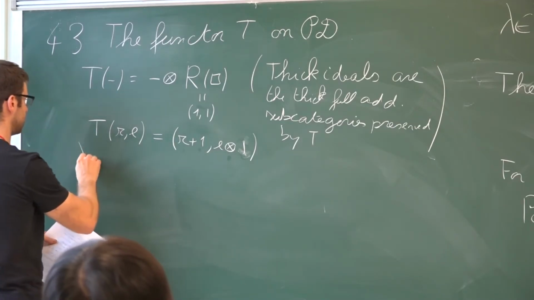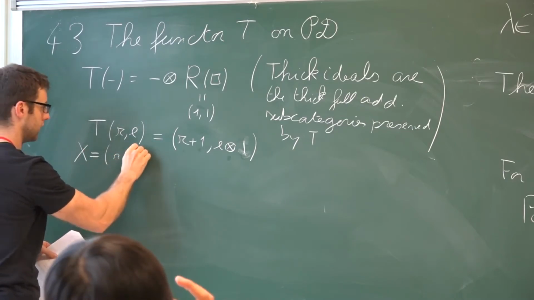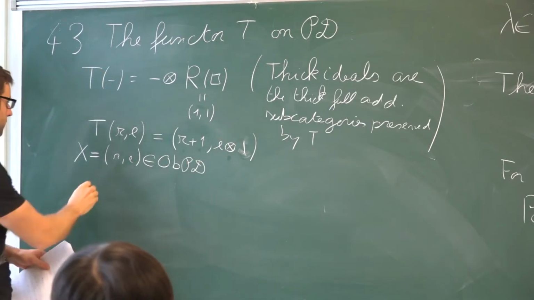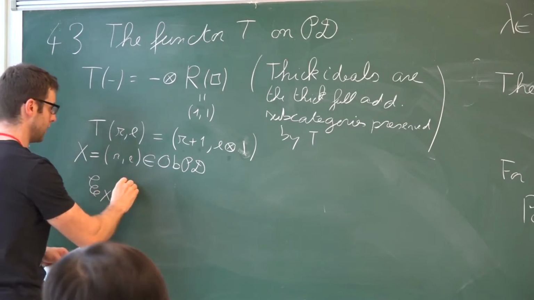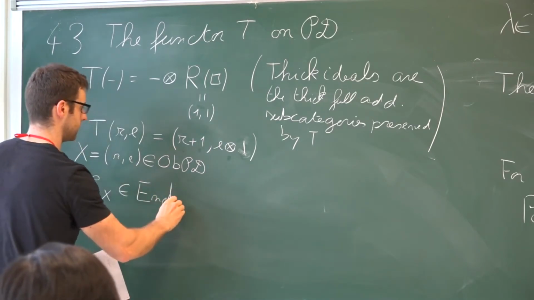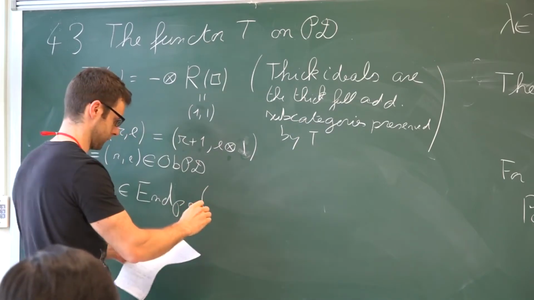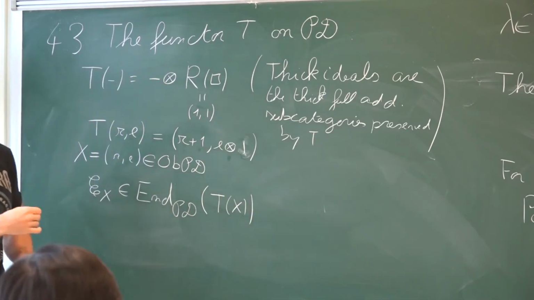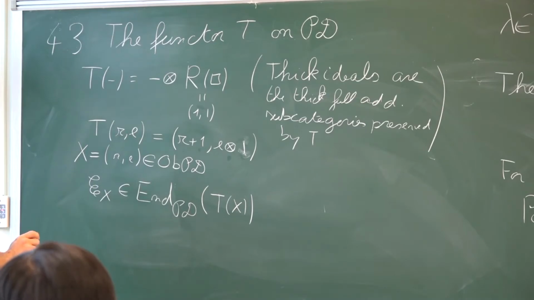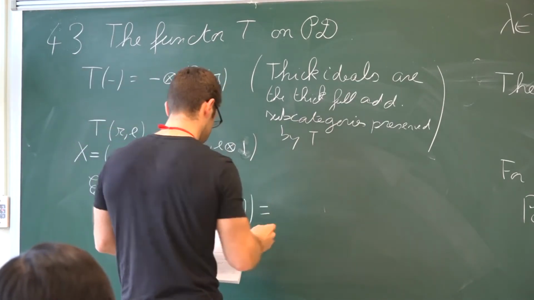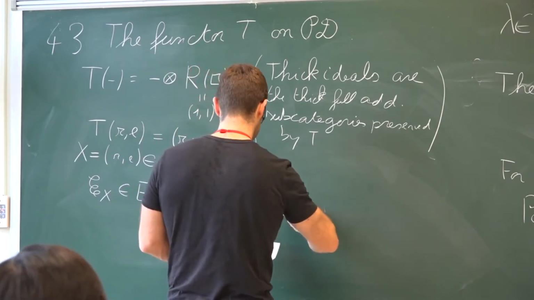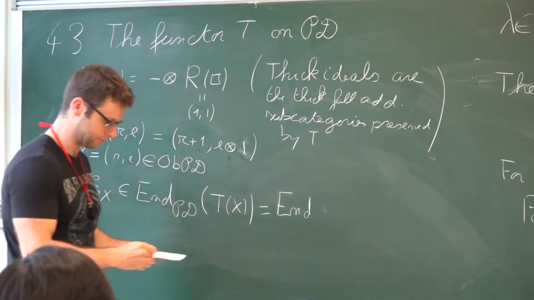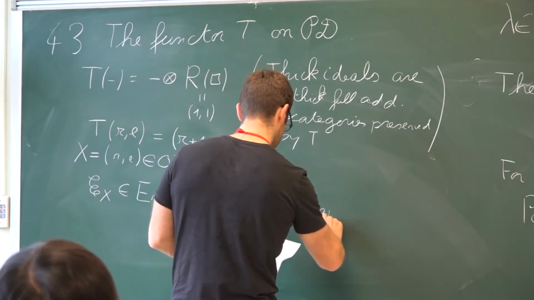So if we set x to be this particular object, then we want to find for any such x some morphism in the endomorphism algebra of T of x, which should then be natural in x, etc. So this is by definition, and plugging in this form here.